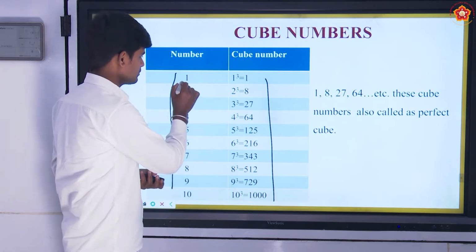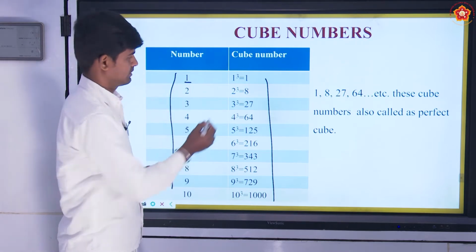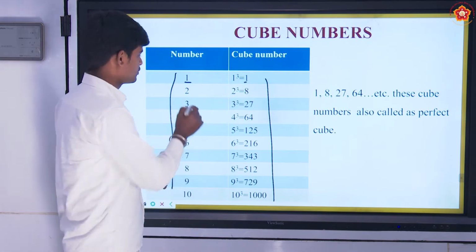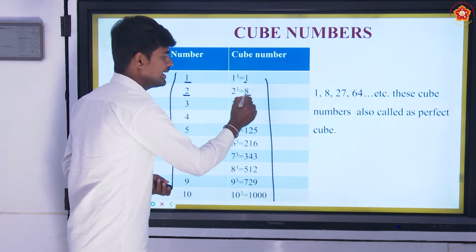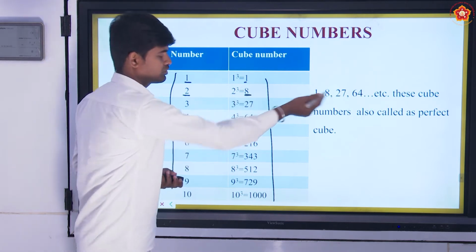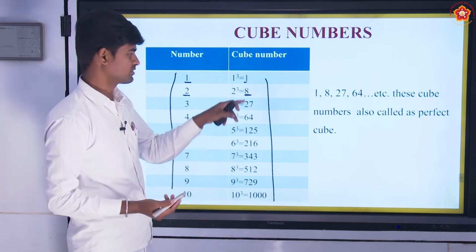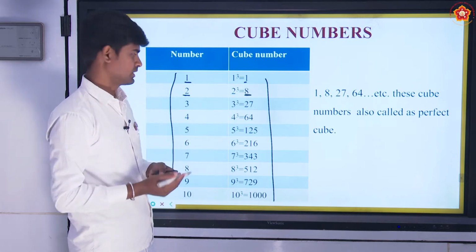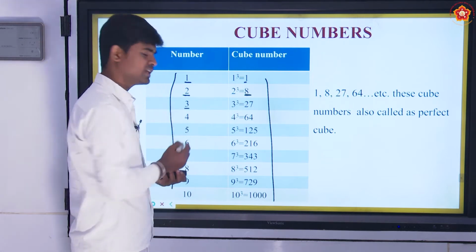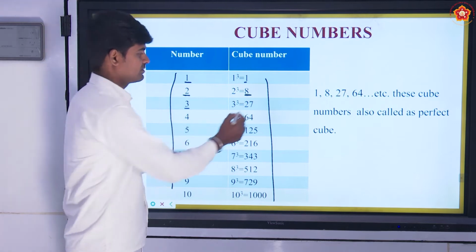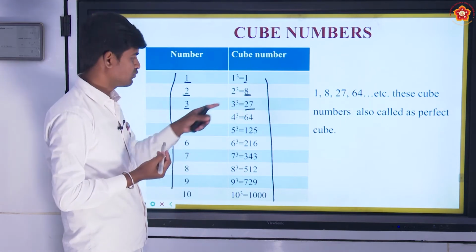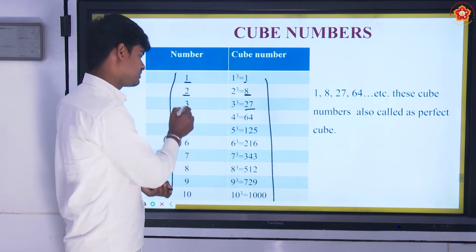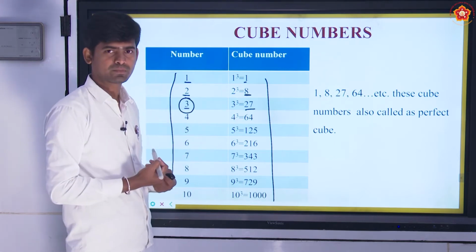See, 1, its cube is also 1. 2 is an even number. 2 cube means 2 into 2 into 2 is equal to 8. 8 is also an even number. Let us see 3. 3 into 3 into 3 is 27. 27 is an odd number, and 3 is also an odd number.